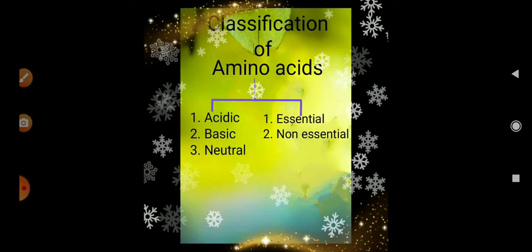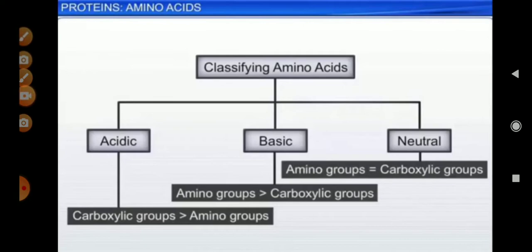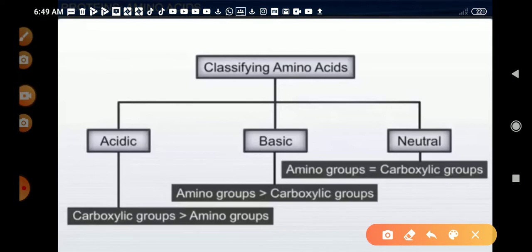Now classification of amino acids. They are classified into different categories: acidic, basic, neutral, depending upon the number of functional groups. As we have already discussed, it has an acidic group and an amino group. If the number of acidic groups is greater than amino groups, then it is called acidic.